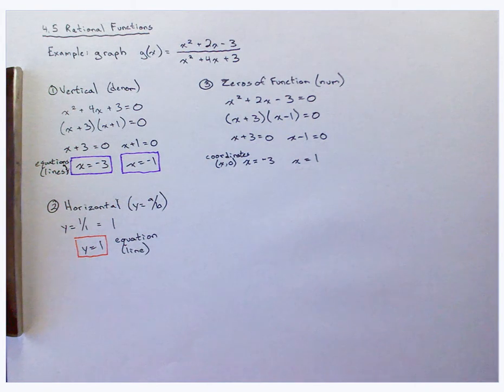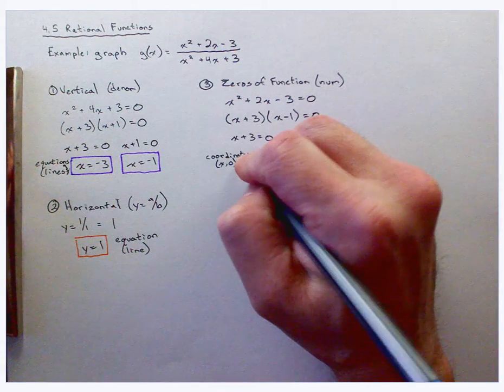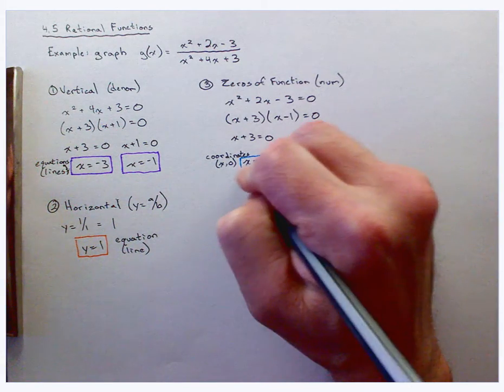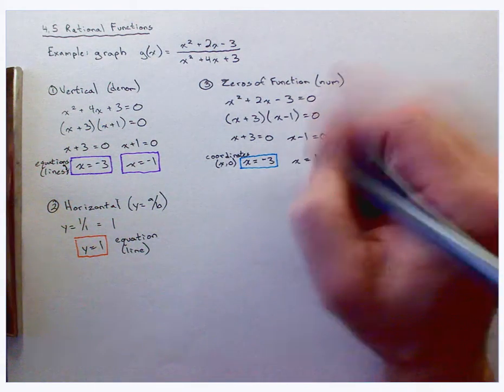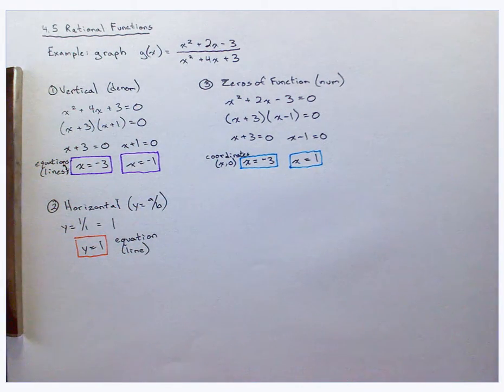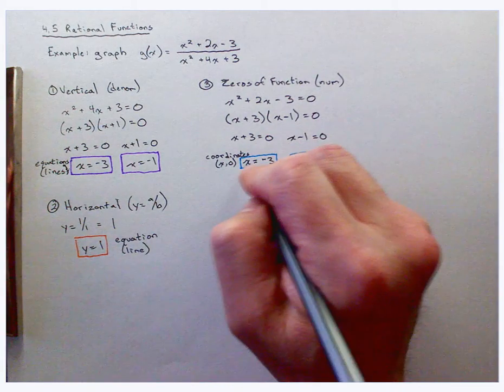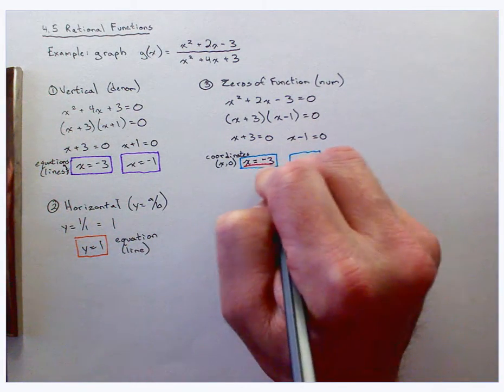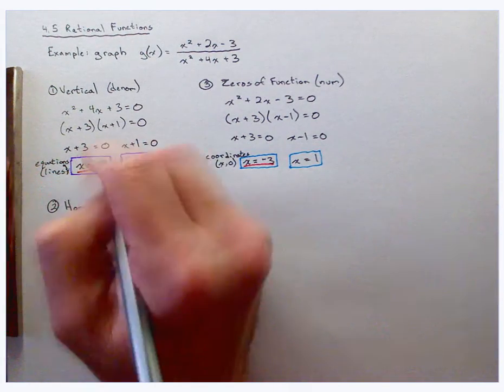Okay, but I need to point something out though. Notice here x equals a negative 3. But what I need you to see is that x equals a negative 3 is also here with x equals negative 3.